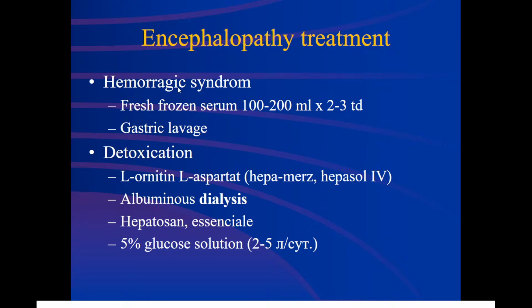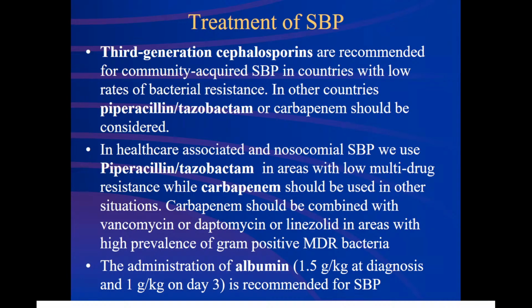All other methods of treatment can be used only in the hospital. Fresh frozen plasma, gastric lavage, L-carnitine, L-aspartate, albumin dialysis, and other IV solutions are used in the hospitals.